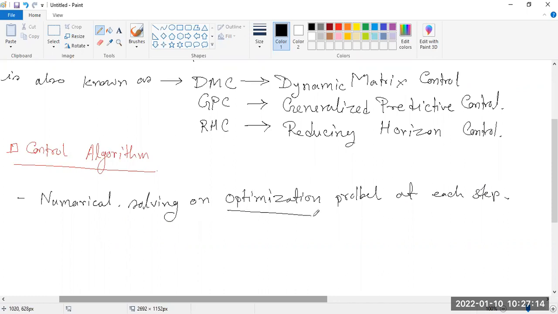Okay guys, what do you mean by this optimization? Optimization means if there is a choice, the best choice. Say you went to a TV shop, you want to buy a TV.